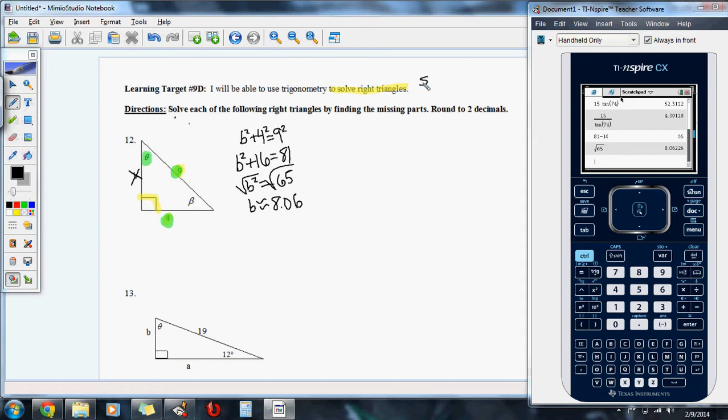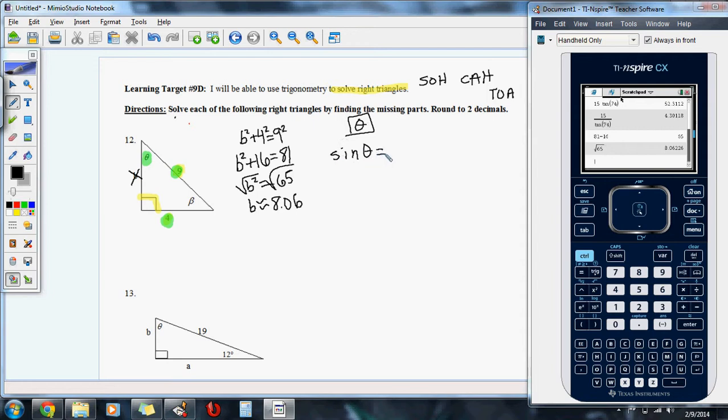So remember, sine equals opposite over hypotenuse, cosine equals adjacent leg over hypotenuse, and tangent means opposite leg over adjacent leg. So on this problem here for theta, I'm doing the sine of my angle, always of the angle, sine of the angle.